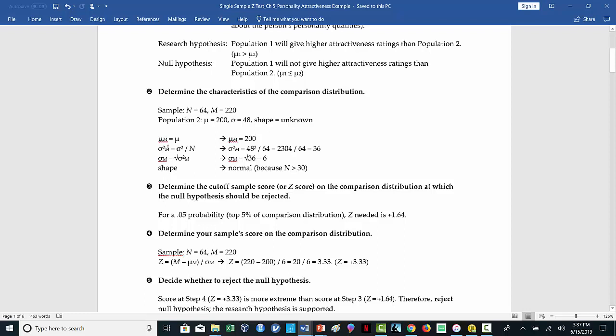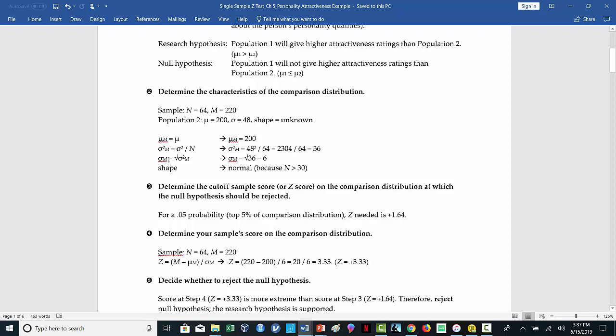So the easy way, in terms of the symbols, you'll have a little m subscript if it's a distribution of means. When it's not for the distribution of means, there's no m. So what this is saying is that the variance for the distribution of means is going to be calculated by the variance divided by n.